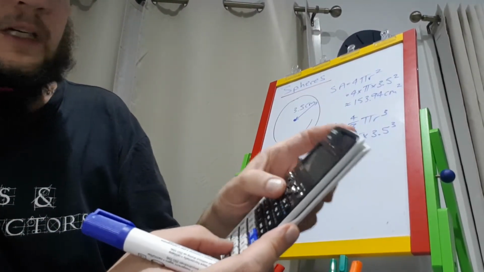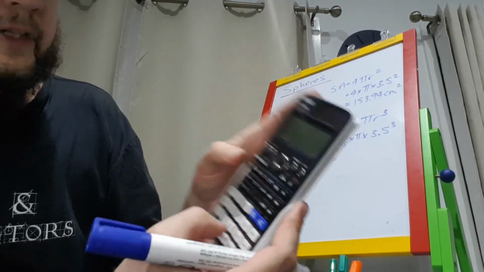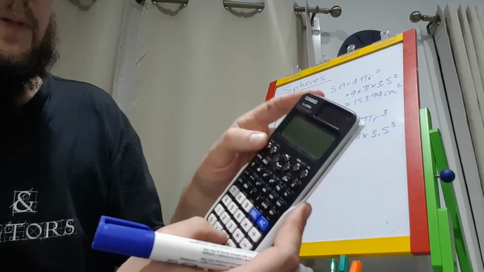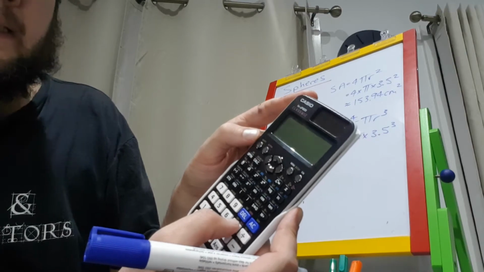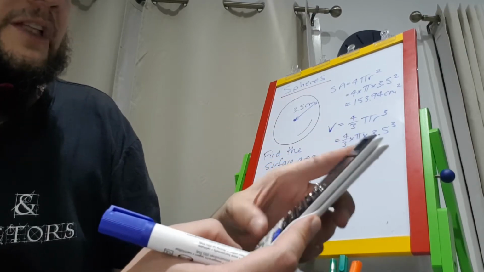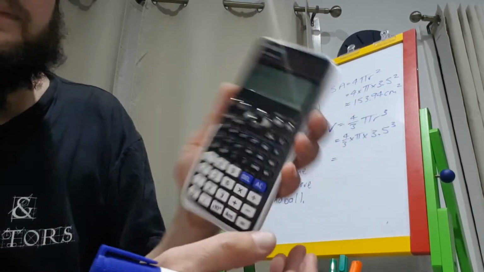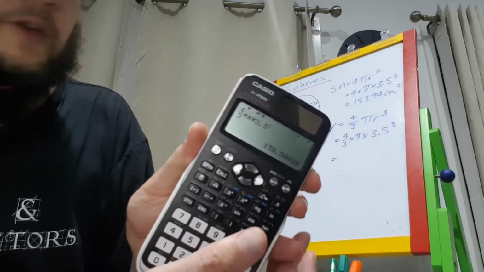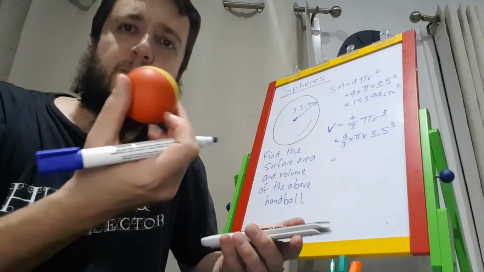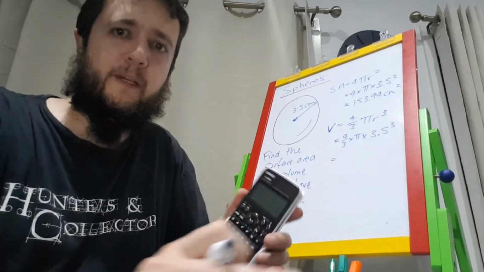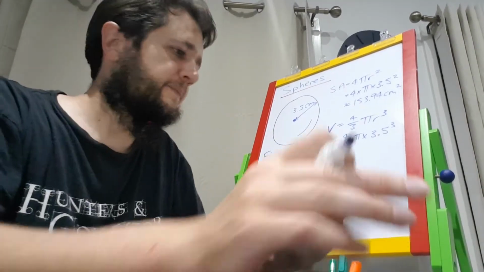We're going to go 4 over 3 times pi, use the pi button as always, times 3.5 to the power of 3. There it is, equals, and we've got the volume, the amount of goop that had to be put in this handball to make it the beautiful handball that we enjoy today.